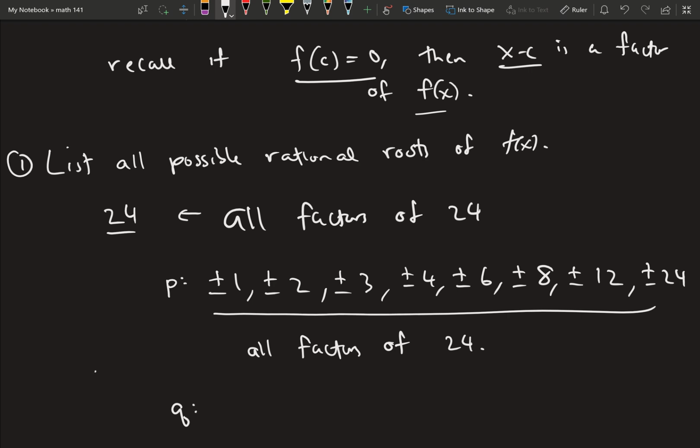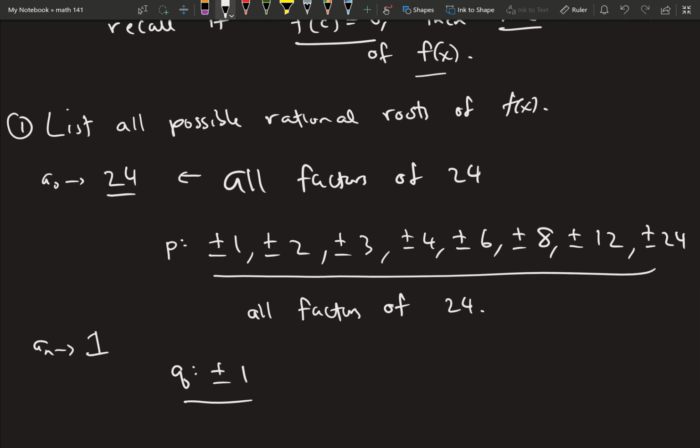Well, a sub n, the lead coefficient, was 1. We're going to list all possible factors of 1. Well, there's only 2 of them, which is plus and minus 1 itself. So these are all factors of 1, and these are all possible denominators.